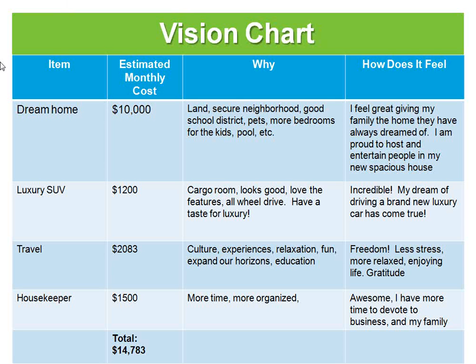And so let's look at this. Let's say that one of your goals is to purchase your dream home. What you want to do is figure out what the estimated monthly cost is. If you have already found the home that you want, or the style of home that you want, maybe the particular property that you want, if that property has a name, give it a name here, okay?